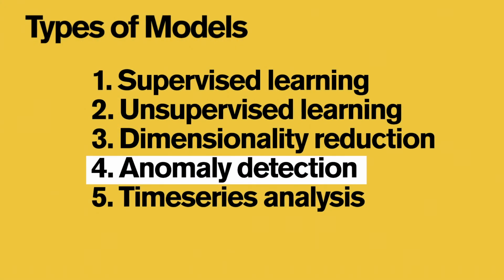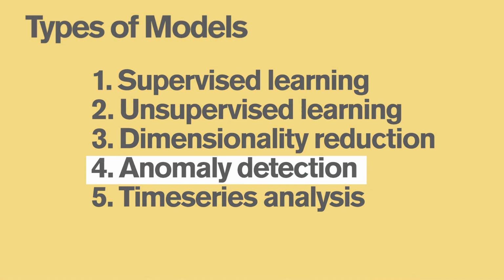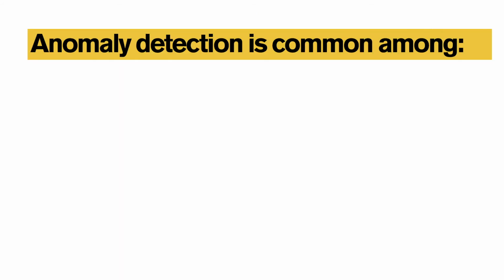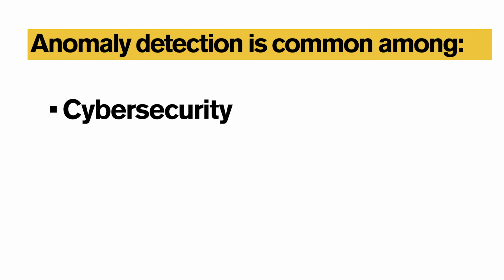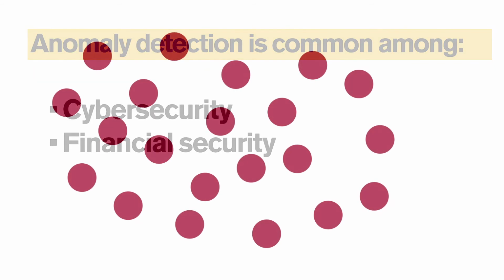The next example is anomaly detection. This is really common in cybersecurity or financial security situations. This is where you're trying to find the odd one out. It sounds much simpler when you say it out loud, but it can be hard to detect values that are odd or statistically significantly different than the rest.